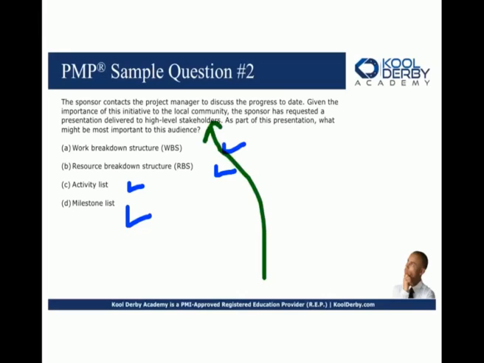Do they want the nuts and bolts of the WBS? The nuts and bolts of the resource breakdown structure? Do they want a list of all the activities they're going to work on? Or do they want to see a big picture perspective? Big picture. You see how this question is actually easy, right?